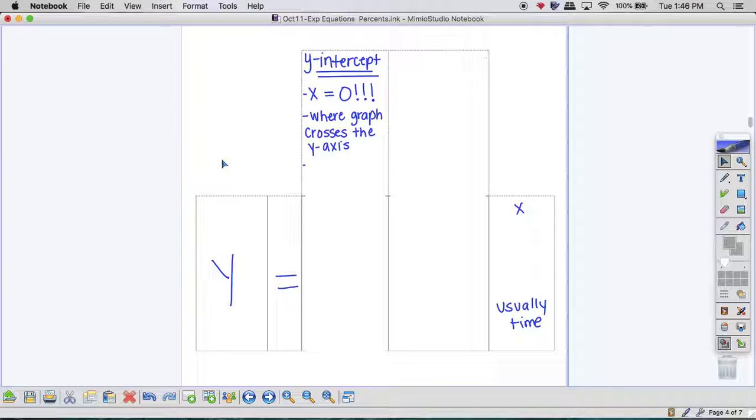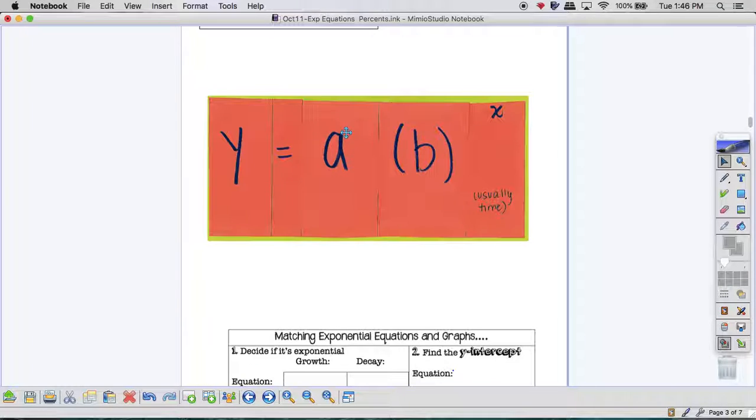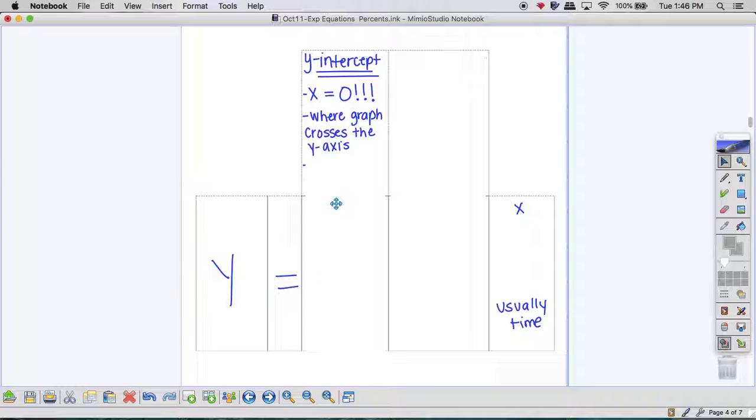And something that we've talked about a little bit is that for our exponential equations, if there is not an a value written, then we've talked about what it would be. What could I multiply b to the x by that would not change its value? I could just multiply it by 1. So a lot of these, if no a is written, are going to have a y-intercept of 1.